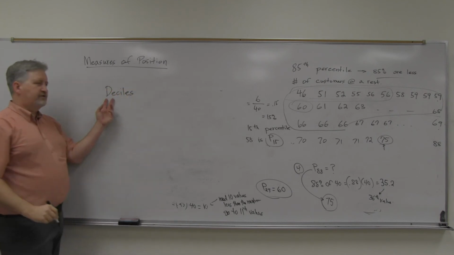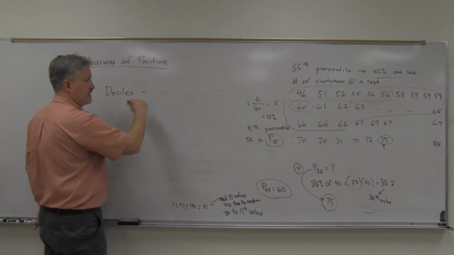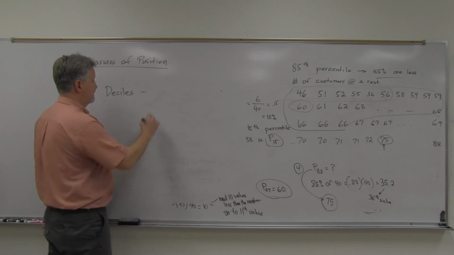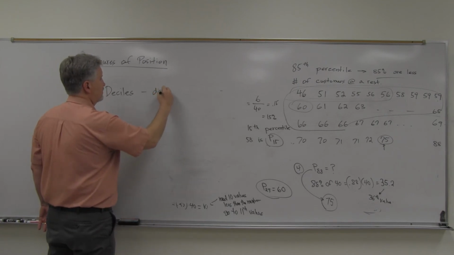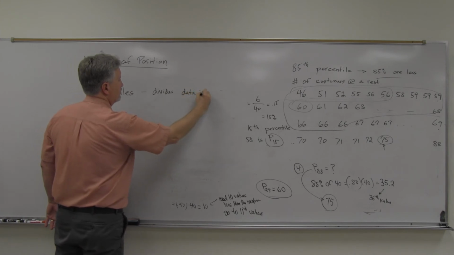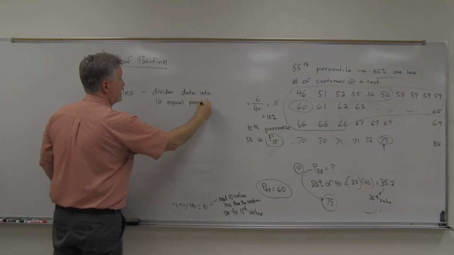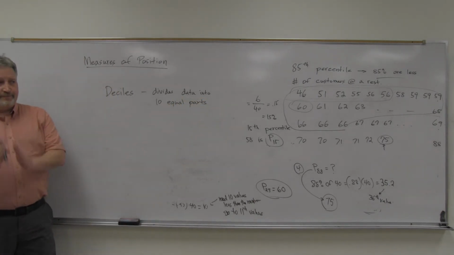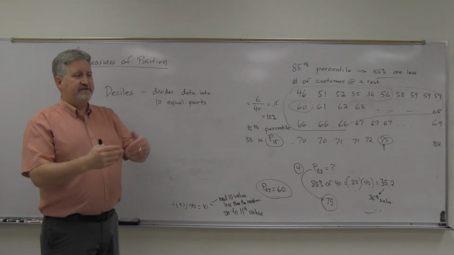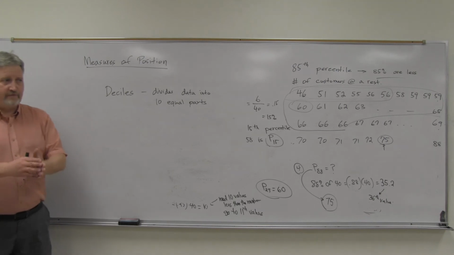And what deciles do, deci there, dec is 10. So deciles break the data up into 10 equal parts. So instead of first percentile, second percentile, you have just 10 deciles for the whole data set.